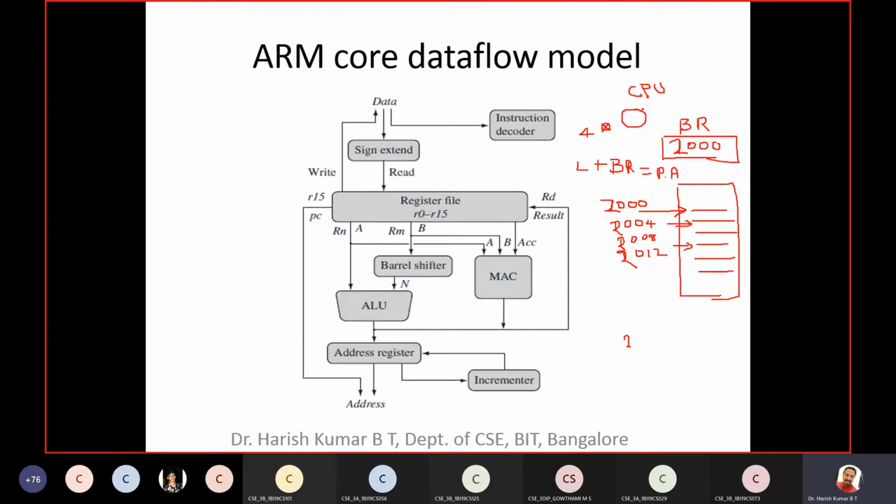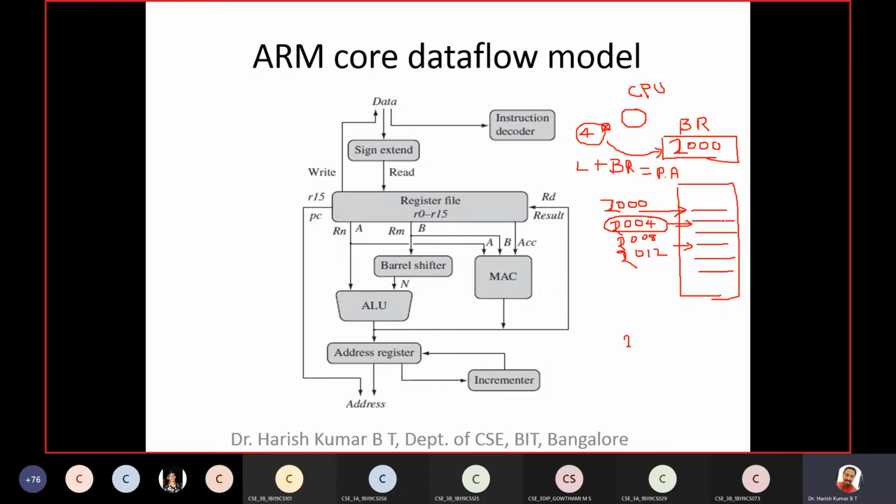When it wants to access the second instruction, it generates the logical address 4, and that gets added with the base register. It doesn't know where the instruction is, but it generates the logical address 4, which gets added with the base register, and now it is sure that the instruction it is looking for is present at address 2004 inside the memory. Hope you people are following.